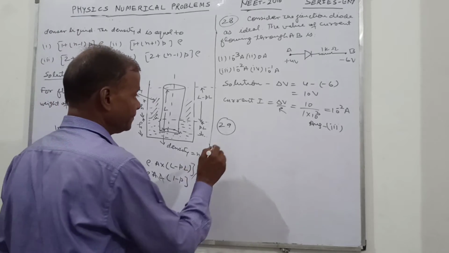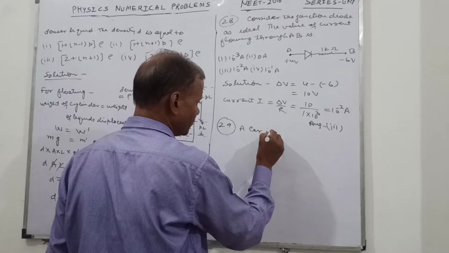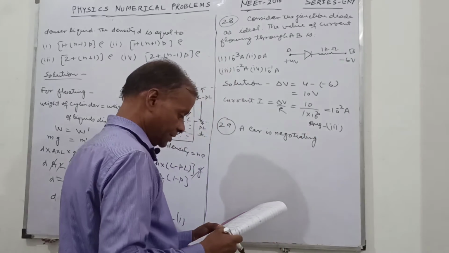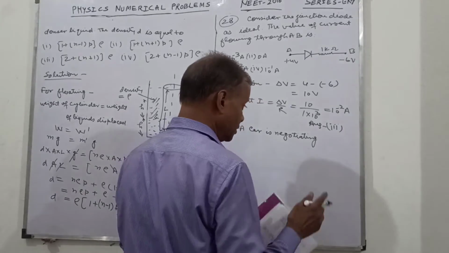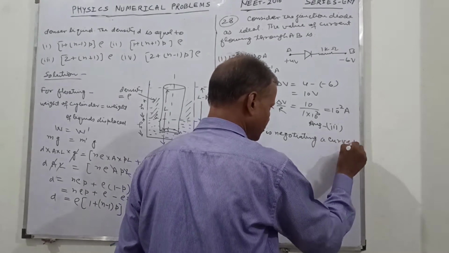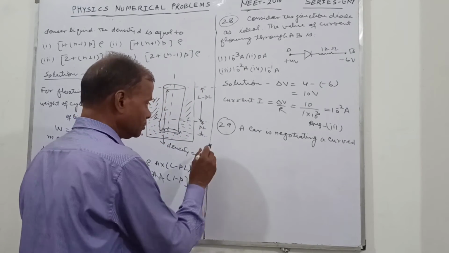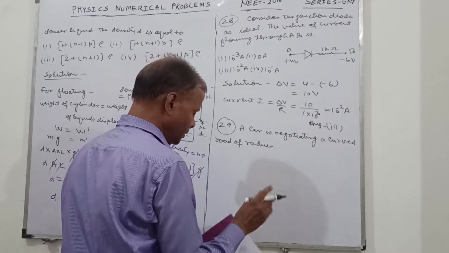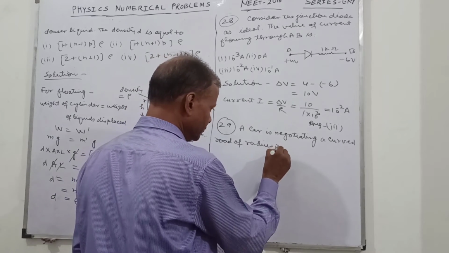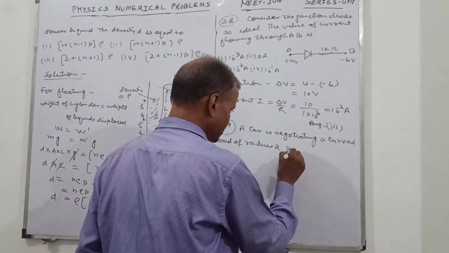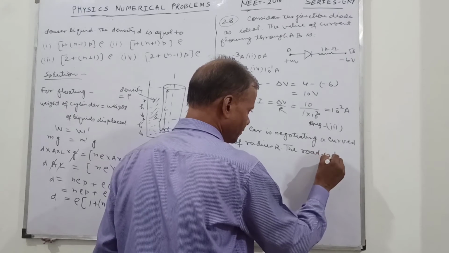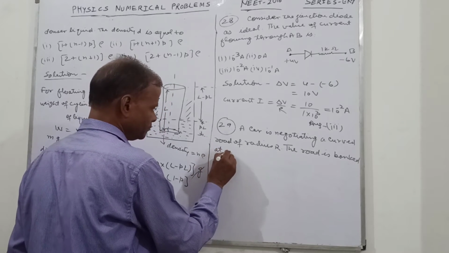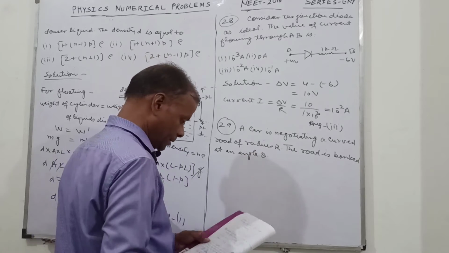A car is negotiating a curved road of radius R. The road is banked at an angle theta.